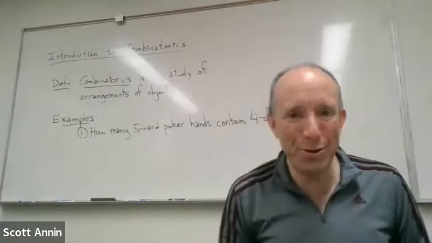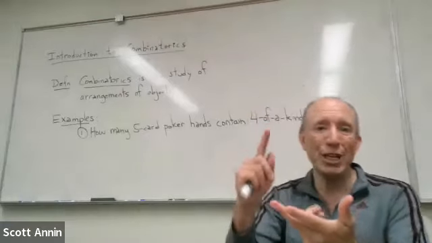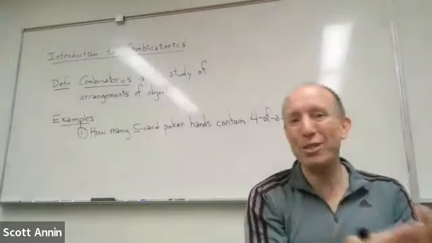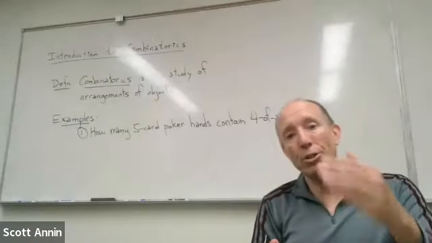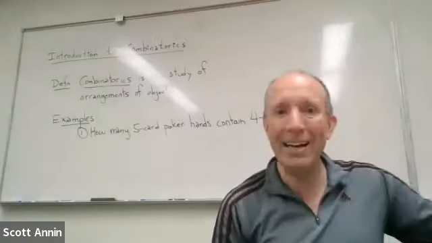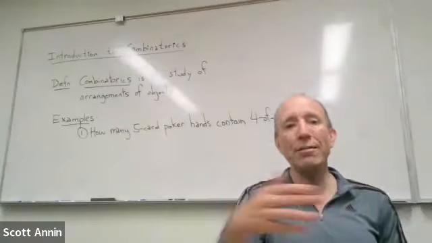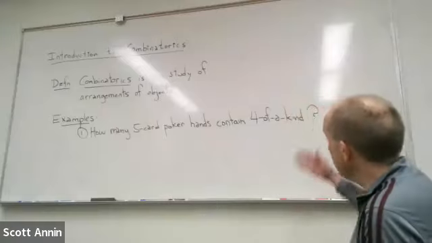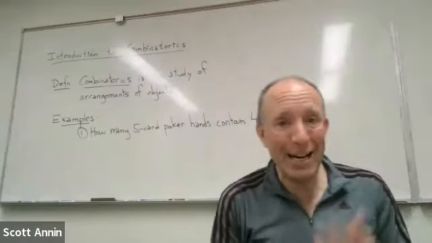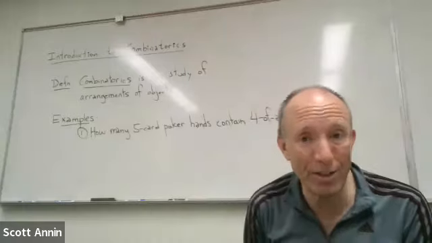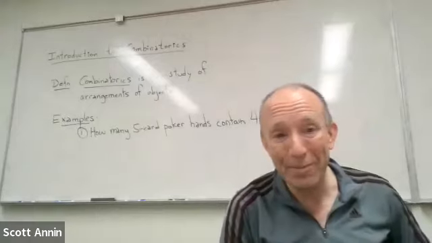There's 52 cards in a standard deck, 13 spades, 13 clubs, 13 diamonds, and 13 hearts. And they range between the ace all the way up to 2, 3, 4, 5, 6, 7, 8, 9, 10, and jack, king, and queen. 13 of each kind, 13 different kinds. But if I have all 4 of a particular kind in a hand of 5 cards, that's called 4 of a kind. And we can ask how many of those there are.